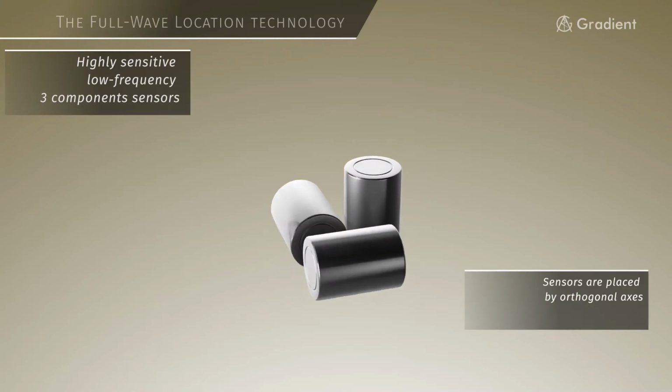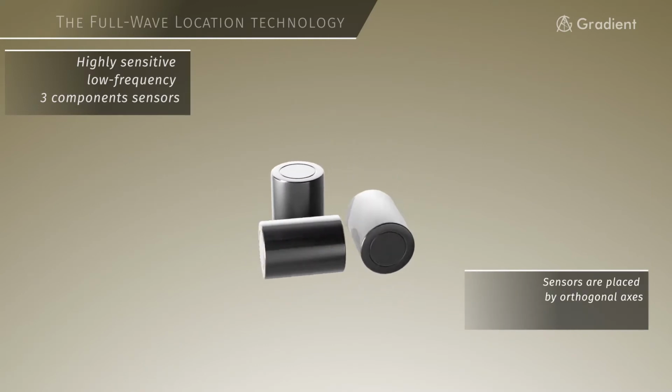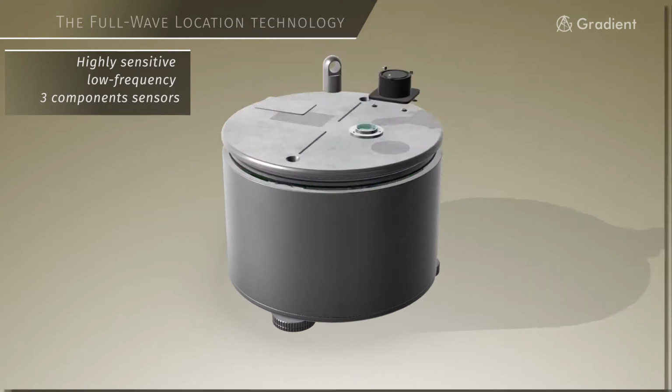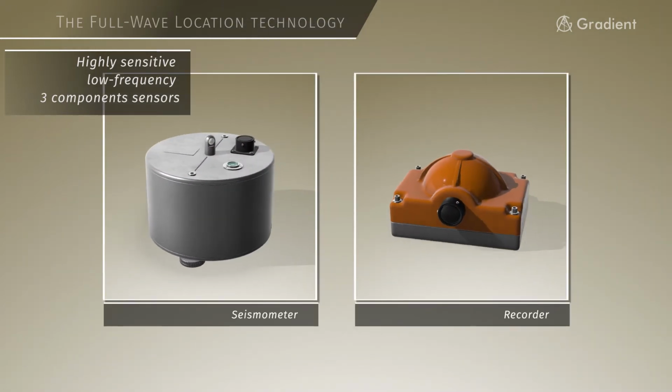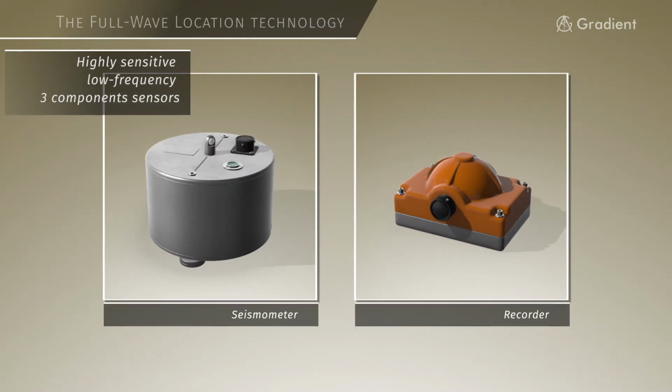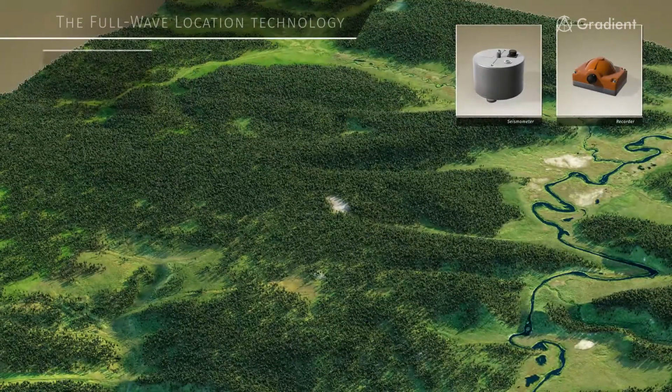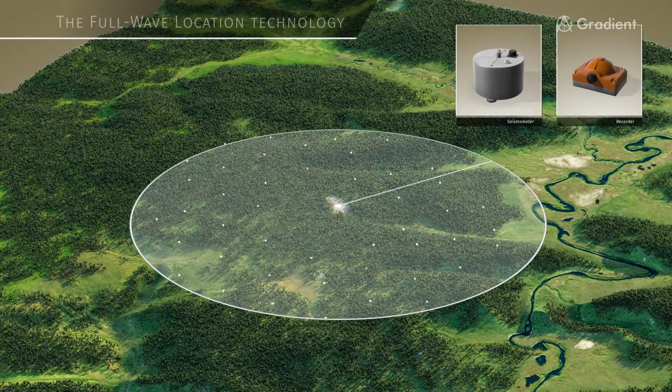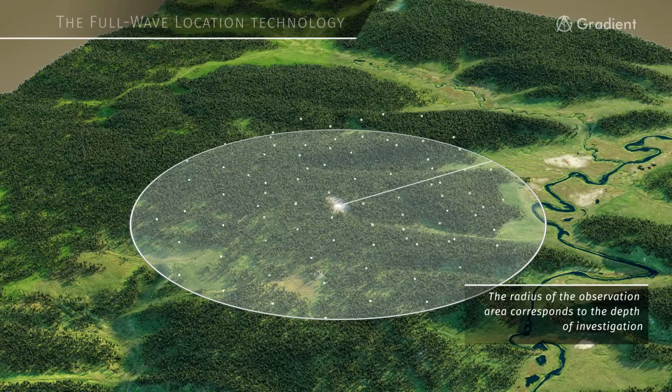They consist of a low-noise seismometer and a recorder. The autonomous hardware complexes are placed evenly over the survey area with a radius corresponding to the depth of the object under study, subject to mandatory remoteness from local noise sources.